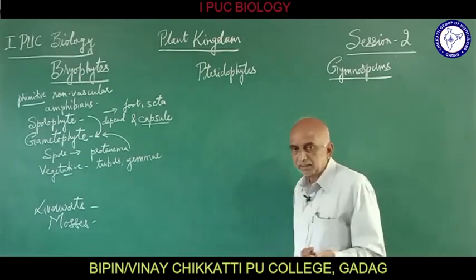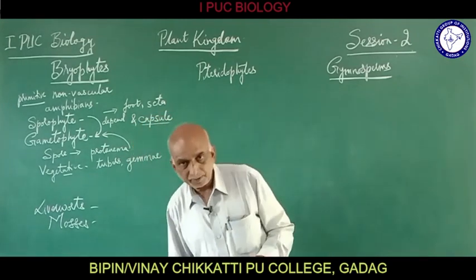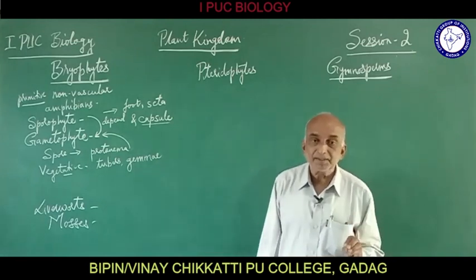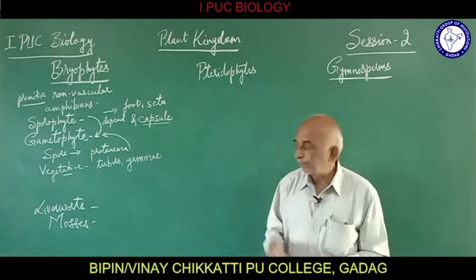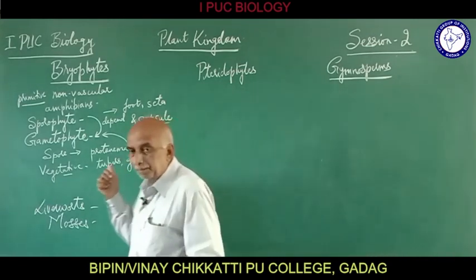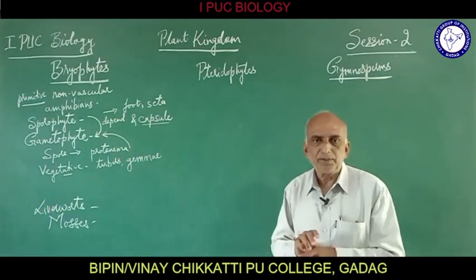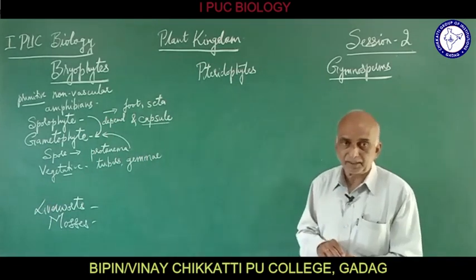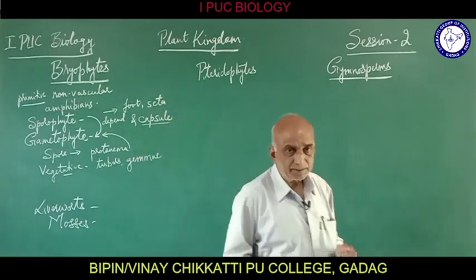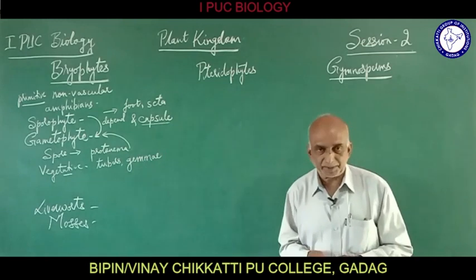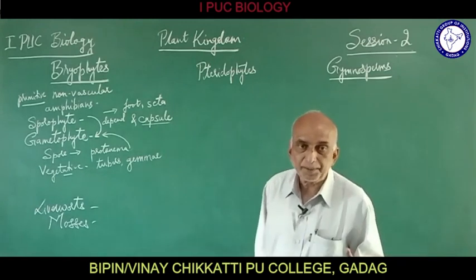In filamentous algae, which have many cells, if the filament gets cut off, it can grow; in unicellular algae there is no question of fragmentation, the cell will just divide. In the same way here, the plant body, the thallus, since a bryophyte is also a thallus, has no well developed leaves, stem and root. So the fragmentation is by separation into small fragments, and each fragment is capable of developing into a new plant.